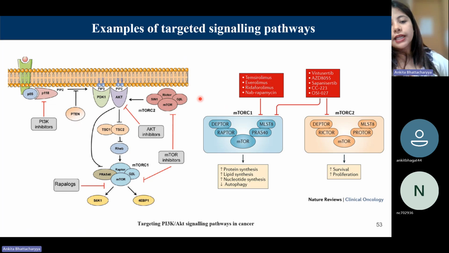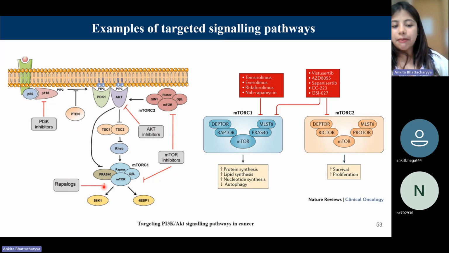Now, inhibitors that can be designed for this pathway can also operate at several sub-steps. For example, the PI3K inhibitors will, of course, operate right at the top. Then you have inhibitors for AKT, you have inhibitors for mTOR, which can operate for both complexes, mTORC2 or mTORC1.